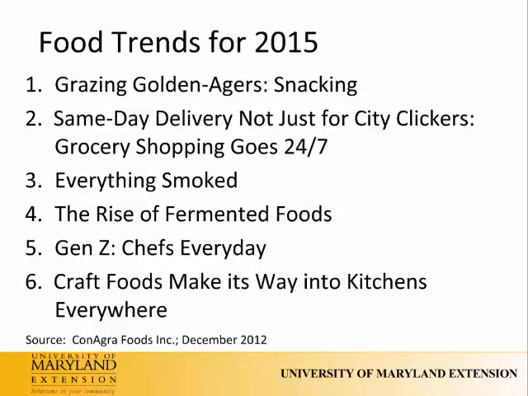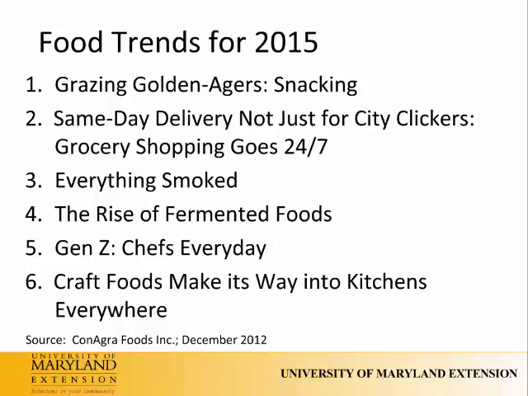This is one I always go back to when I do my market research presentation, and I'm sorry about the citation. This is actually December of 2014. ConAgra Foods teams up every year to do food trends. They put out 8 to 10 food trends each year that they expect to be hot, and you can see the 6 that are listed here.